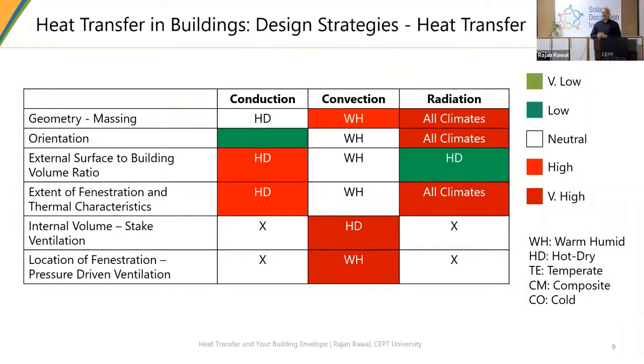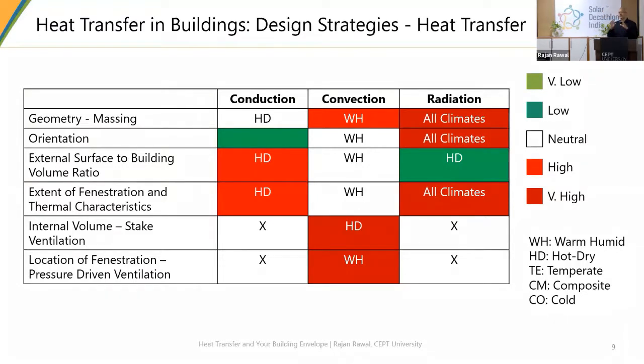If you start looking at these five climate zones which are prescribed or identified in the Energy Conservation Building Code, hot and dry, warm and humid, temperate, composite, and cold, what I have tried to show is that geometry and massing, which is more of a spatial characteristic or spatial design decision, becomes very, very important when you are looking at a warm and humid climate.